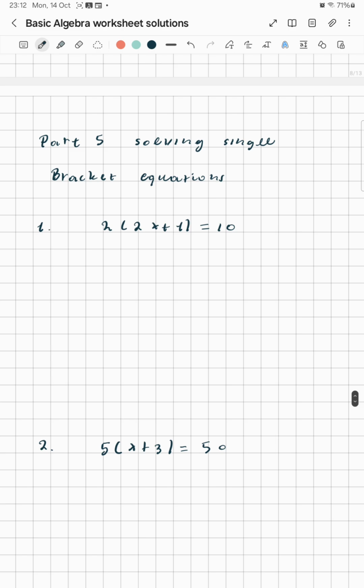Part 5, we need to solve the single bracket equations. First we expand the brackets, so this is 4x plus 2 equals 10, 4x equals 10, take away 2, 4x is equal to 8, we divide by 4, x equals 8 over 4, which is 2.